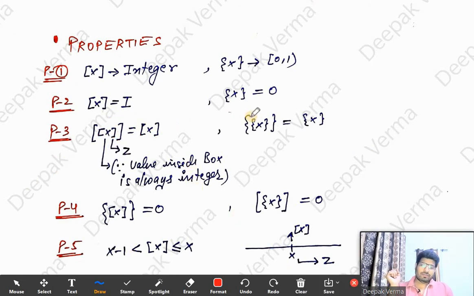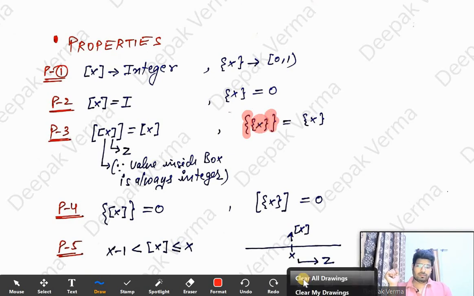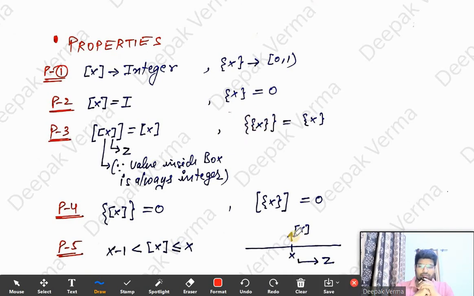Now if we have the fractional part of the fractional part, fractional inside fractional, then we can remove the outer fractional bracket, the outer curly brackets. What does it mean?